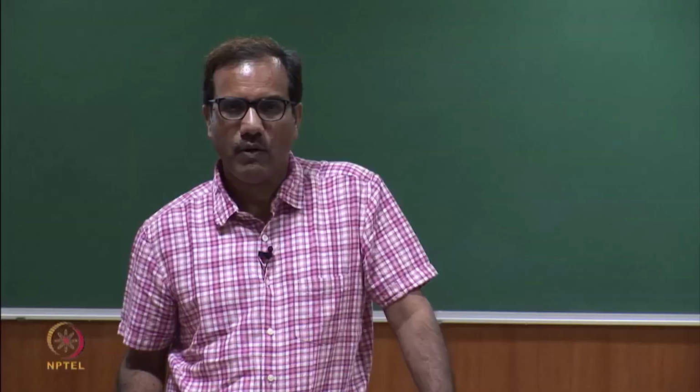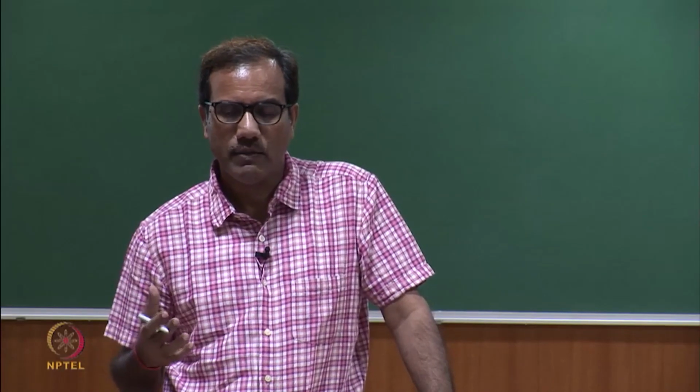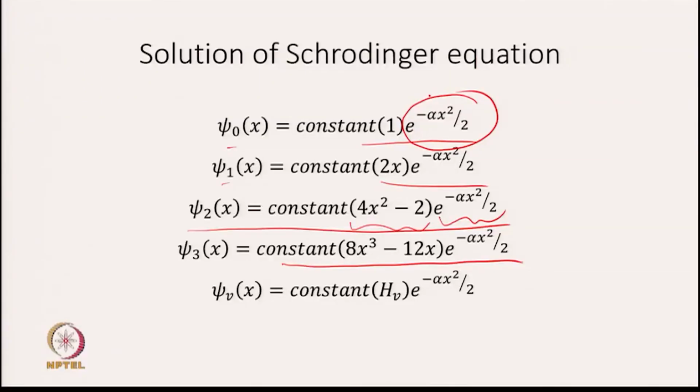So, if you look at all the solutions for different vibrational levels, what you will find is that exponential minus alpha x square by 2 is common. What is changing is the function of x.